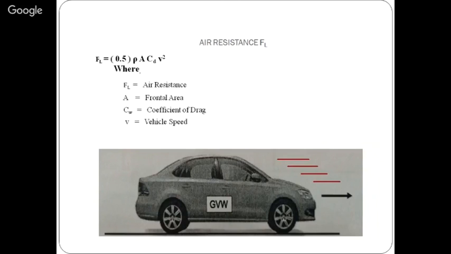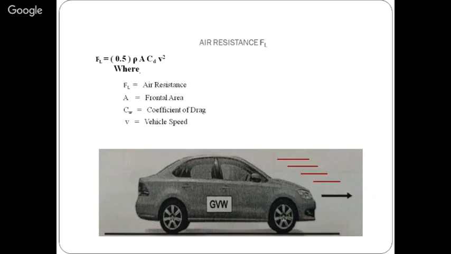Now when my vehicle starts, there is no air resistance. We are not working against air resistance. But when my vehicle is accelerating, then air resistance comes into action, and it increases with the increase in velocity. As my velocity increases, my air resistance will increase with the relation V square.